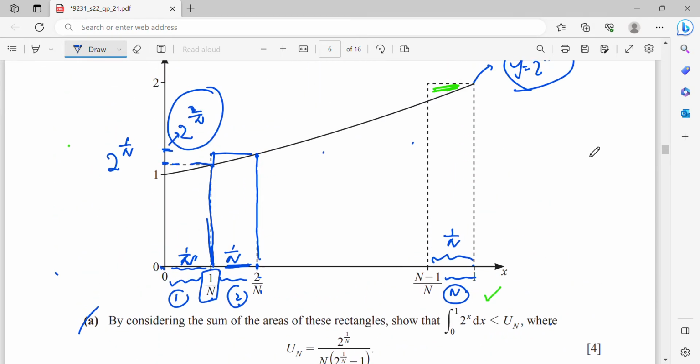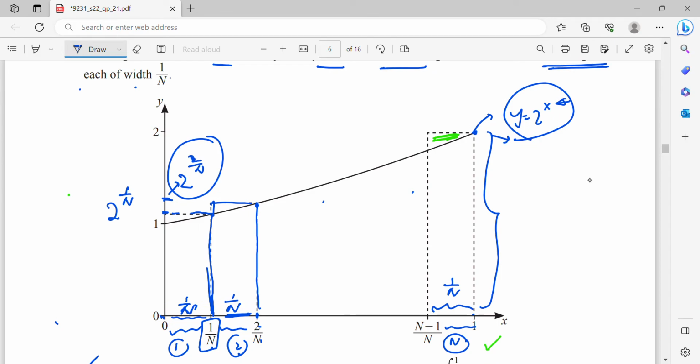Now for your information, the height of the last rectangle is going to be 2 to the power of this 1. I can change this 1 to n over n, because I noticed that for the first rectangle, the height is 2 to the power of 1 over n, following this ordinate. For the second rectangle, the height is 2 to the power of 2 over n.